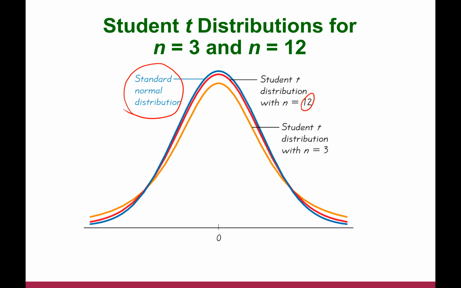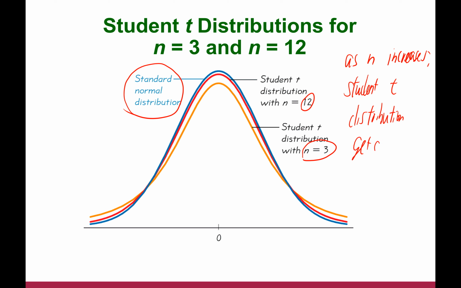The student t distribution with sample size 3 is farther from the bell curve. So as the sample size increases, the student t distribution gets closer to the normal distribution.